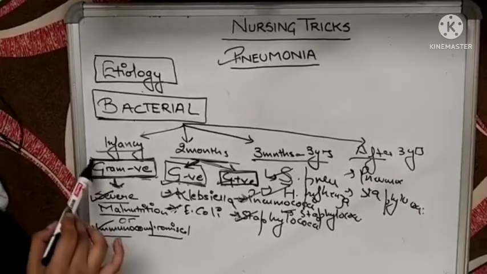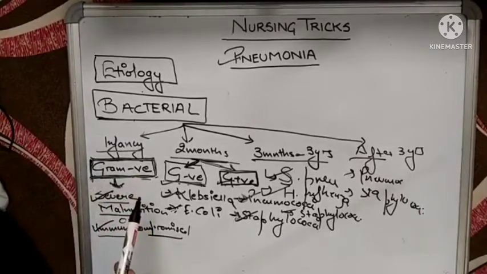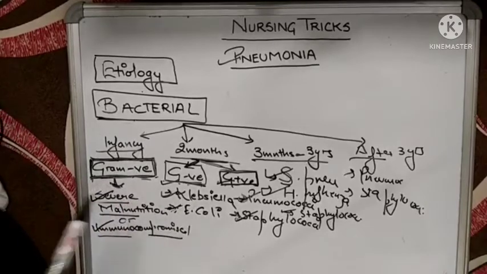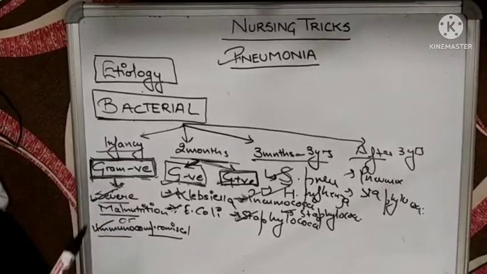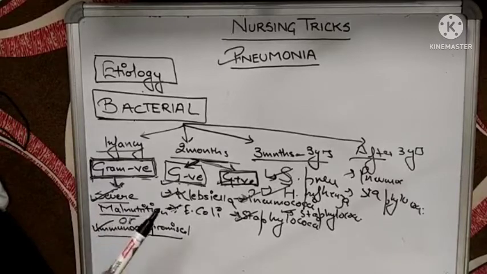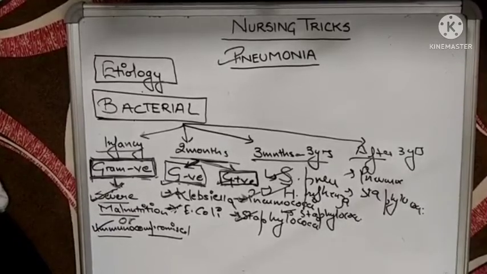In infancy, if the question is asking about infancy, it's the gram negative bacteria or the gram positive bacteria, but make sure that severe malnutrition or the immunocompromised state is precipitating this disease. And in the 2 months, the gram negative bacteria are the Klebsiella and E. coli, and the gram positive bacteria are pneumococci and staphylococci.